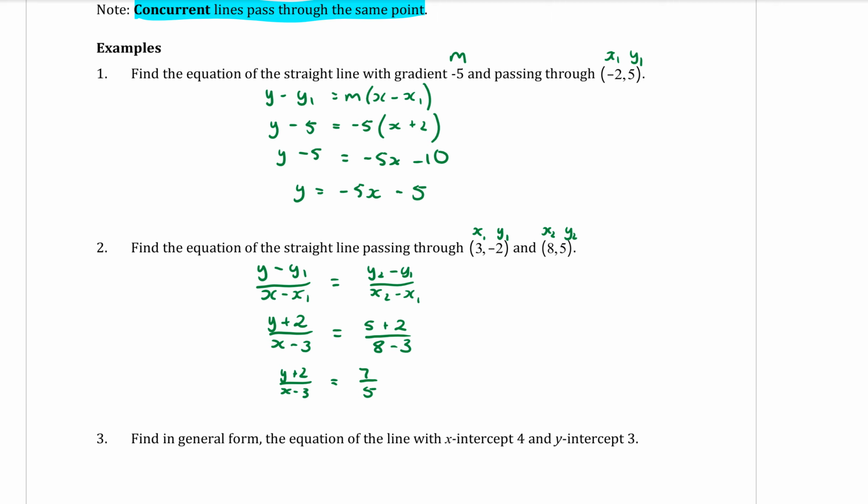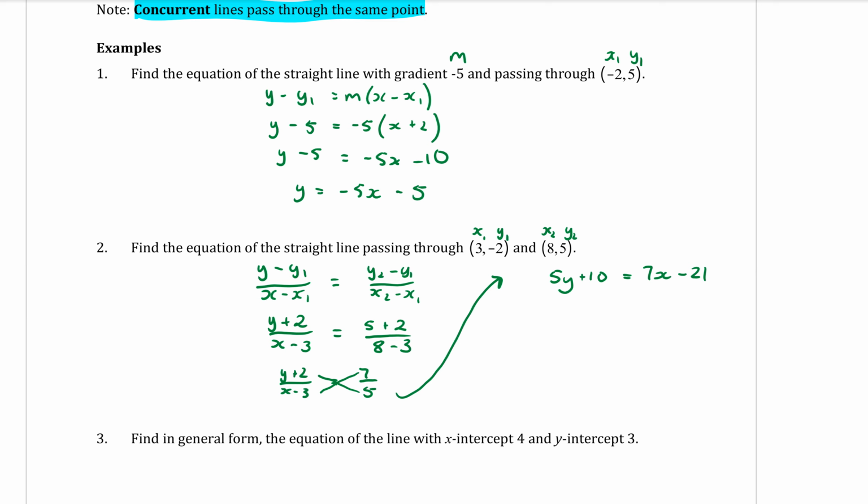The 5 is going to multiply to the top up here. Is it okay if I expand out in the same step? Is everyone going to be okay with that? So that's going to be 5y plus 10 equals, then I times the other way. 7 times the x minus 3 will be 7x minus 21.